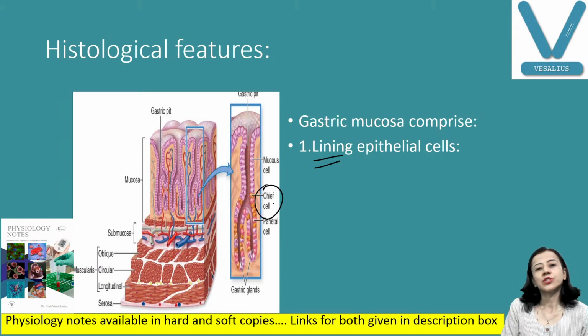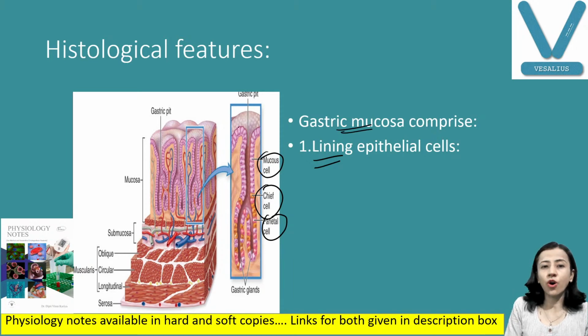You can see here chief cells and mucus neck cells. Mucus neck cells secrete mucus. They are present in the neck of the gland. This is the major gland, the oxyntic gland, and parietal cells. So these are the different cells that line the gastric mucosa of the major gastric glands. We will discuss in detail.